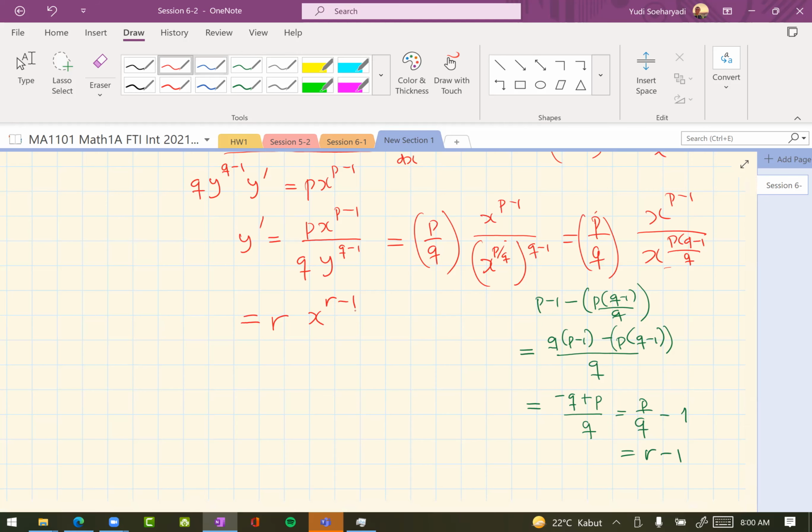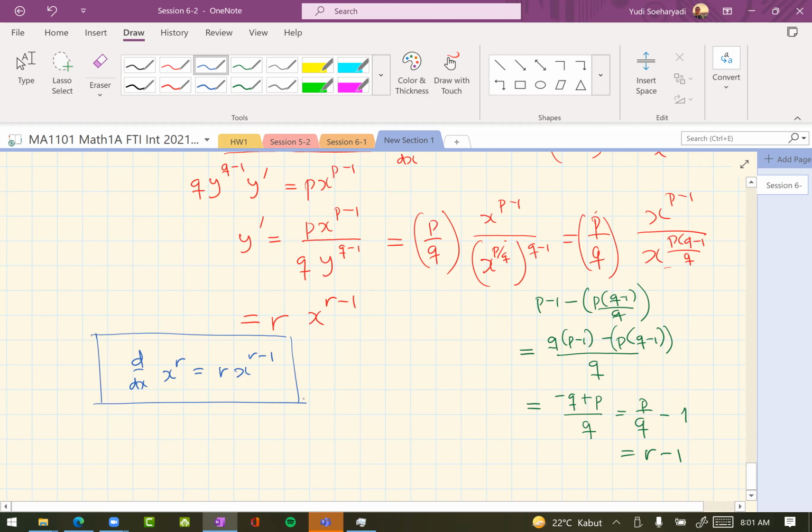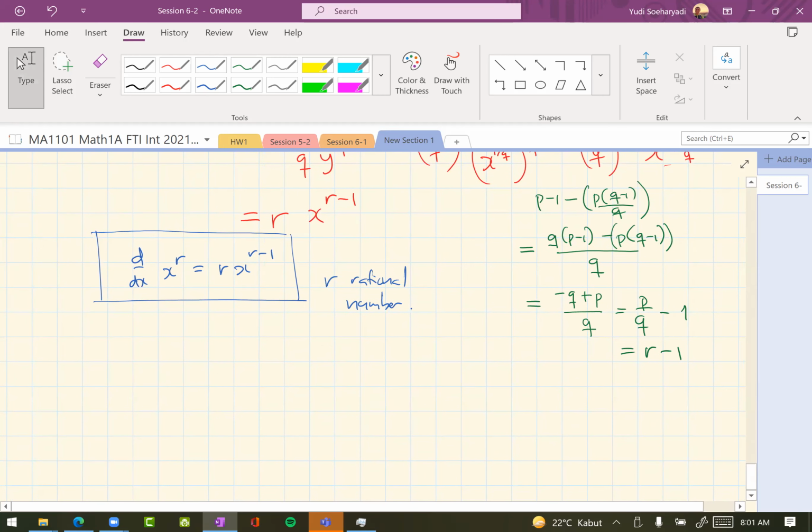So this shows you that this formula is not only true for integers, but also for rationals. Now you can easily compute, for example, the derivative of x to the 4/3.